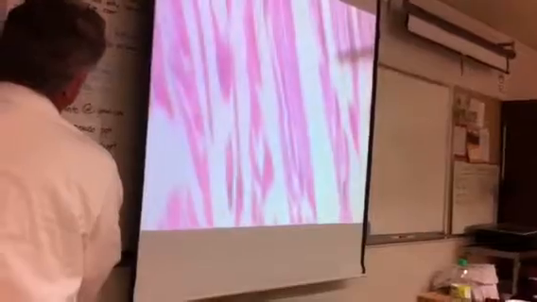And then the next one, this is skeletal, and we know what the characteristics to look for here are: the striations. Let me find it and I'll show you. There you go, there's the fibers.